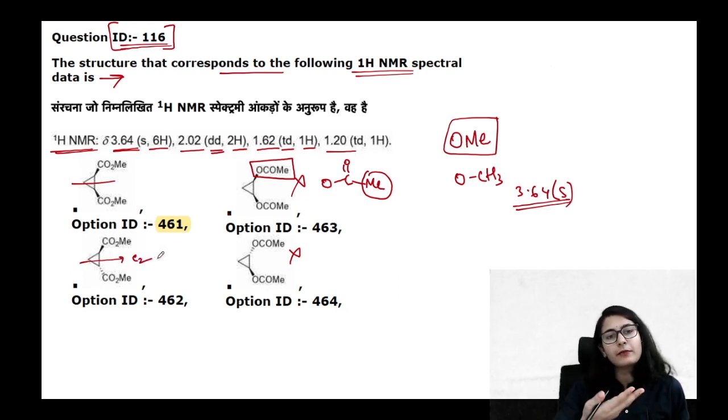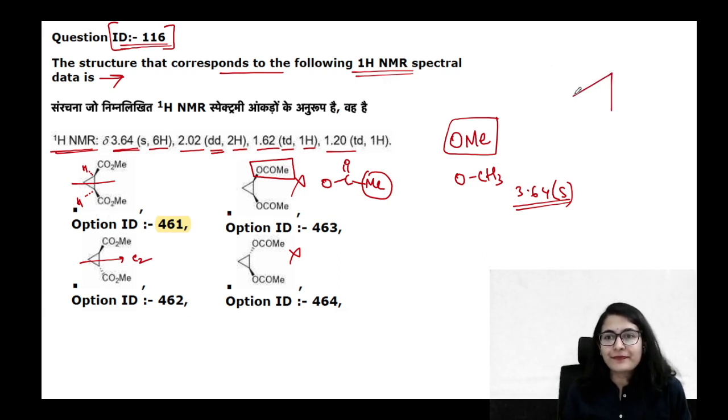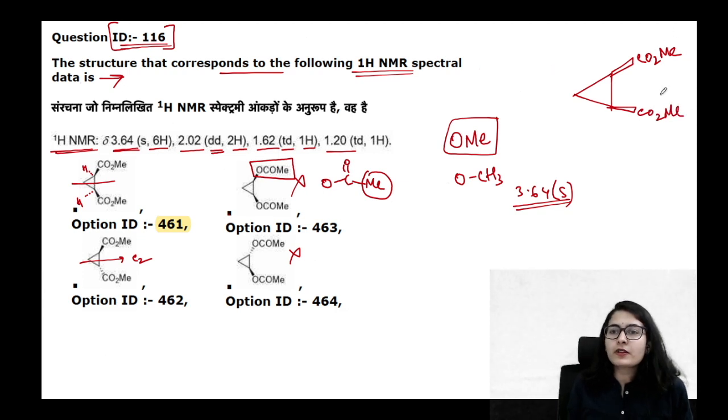So both of the hydrogens over here are going to have the same value, isn't it? Yes, I'm drawing it over here, guys. It's a very precious question. CO2Me. So both of the methoxys, 6 hydrogens collectively, are possible only when we have CO2Me.